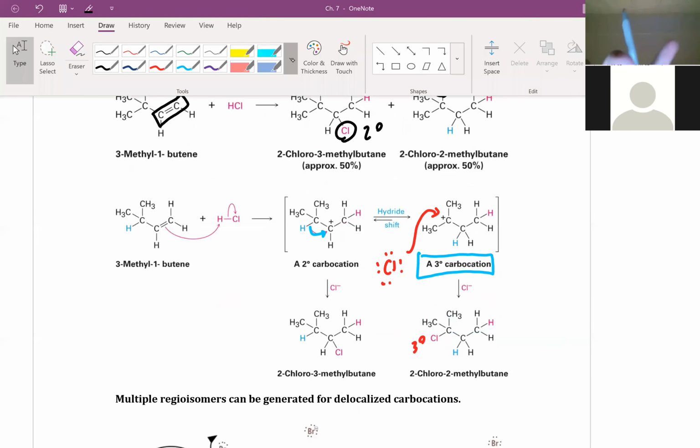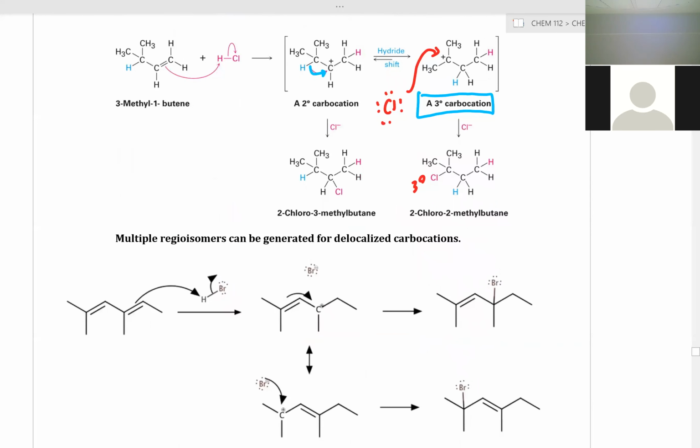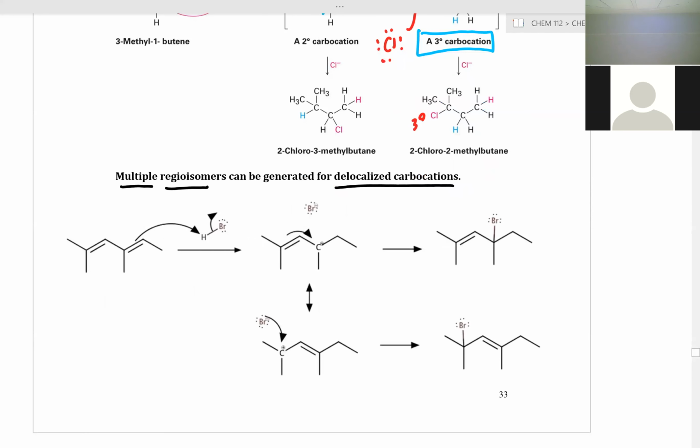Another example that provides evidence for a carbocation-like intermediate is that we can see multiple regioisomers for delocalized or conjugated carbocations. For example, after protonation, we have multiple potential sites that have cationic character.